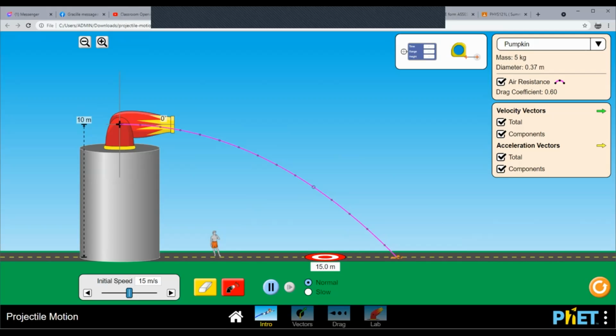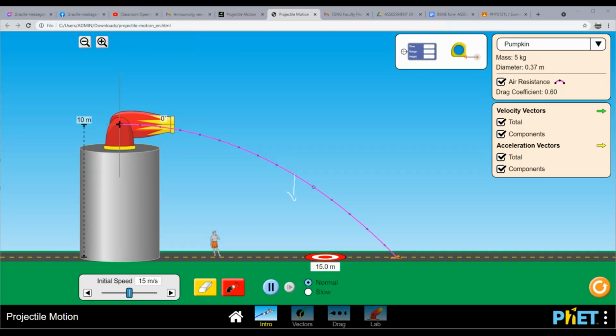So this projectile, this is the line of the projectile, and the force of the projectile would have its horizontal and the vertical component. So this one is the horizontal component, while this one is the vertical component. Okay? So for every position of the projectile, you will have your horizontal and the vertical component of the force.